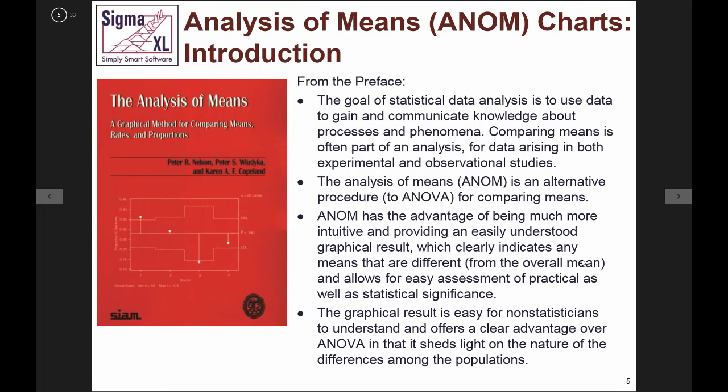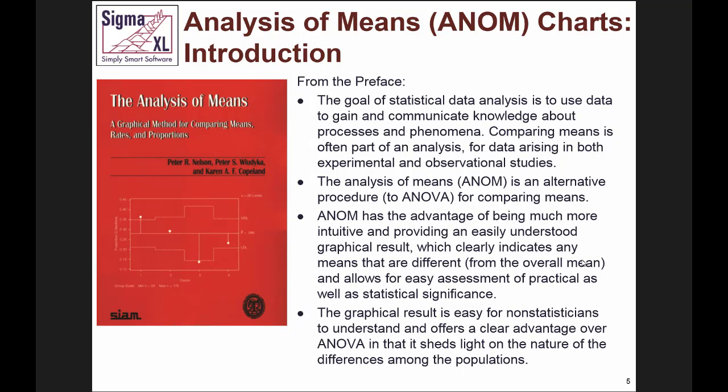Also from the preface of the book, the goal of statistical data analysis is to use data to gain and communicate knowledge about processes and phenomena. Comparing means is often a part of the analysis for data arising both in experimental and observational studies. The analysis of means, ANOM, is an alternative procedure to the Anova for comparing means.